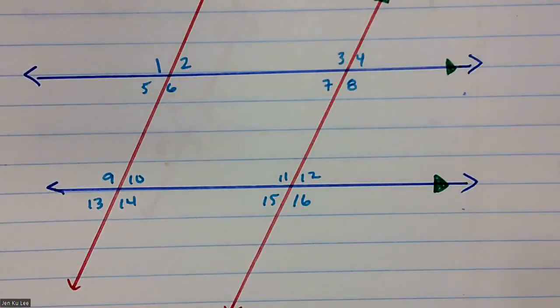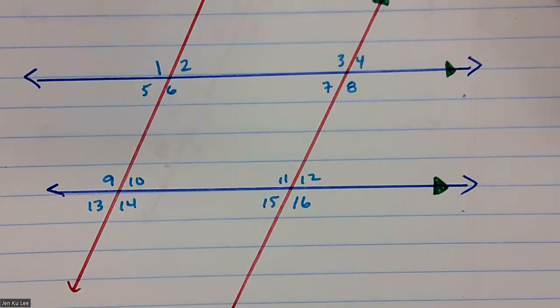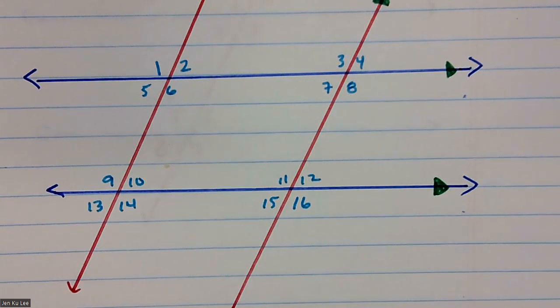Take a second to write this out. Make sure all the numbers are correct. And then I want you guys to list out all 5 types of angles.